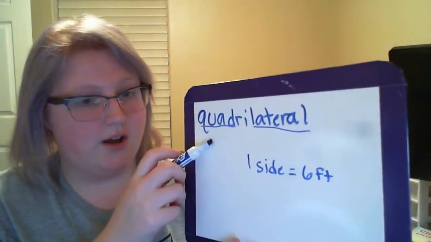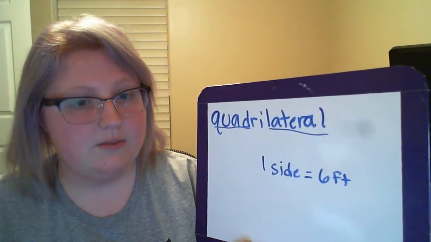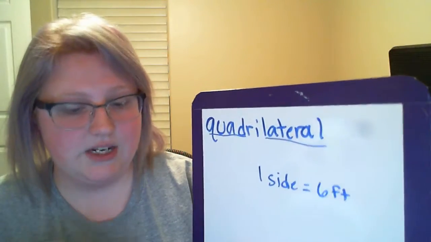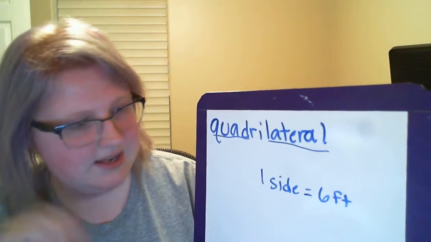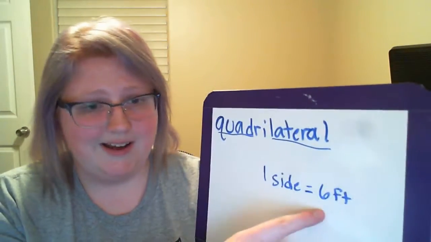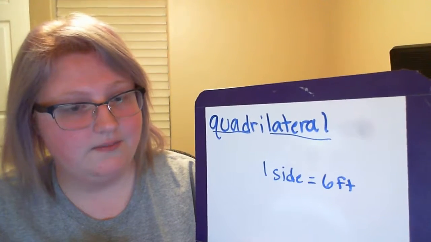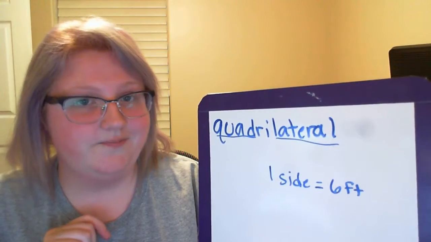If it's a quadrilateral, it can only have 4 sides, so what are the possibilities for the measurements of the other sides? After you've talked to a partner, I want the sub to take over, and I want you to draw on the easel all the different possibilities of quadrilaterals where at least one side is 6 feet long. We'll pick up with this lesson again tomorrow in our next video. Okay, all right guys.